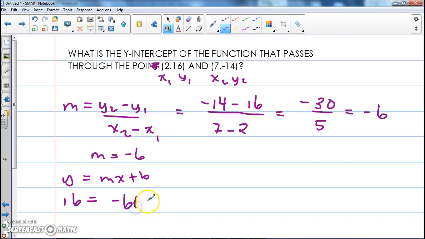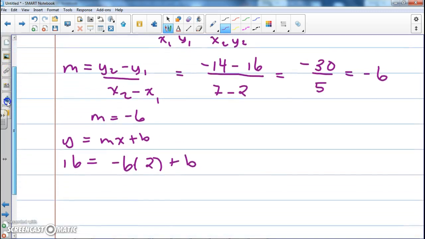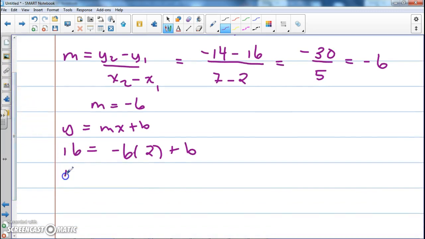Instead of x, I'm going to write 2, and then plus b. My y-intercept is b, and I'm looking for my y-intercept. Alright, so now I have 16 equals negative 6 times 2 is negative 12 plus b. Now I need to add 12 to both sides to get b by itself. Plus 12, plus 12.